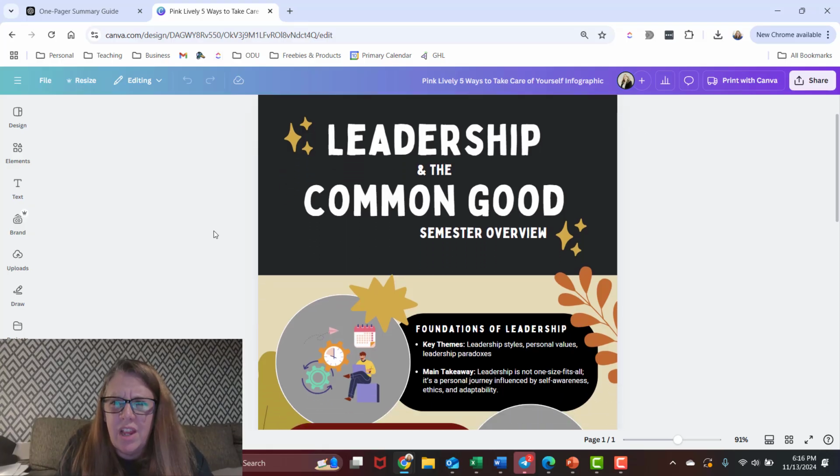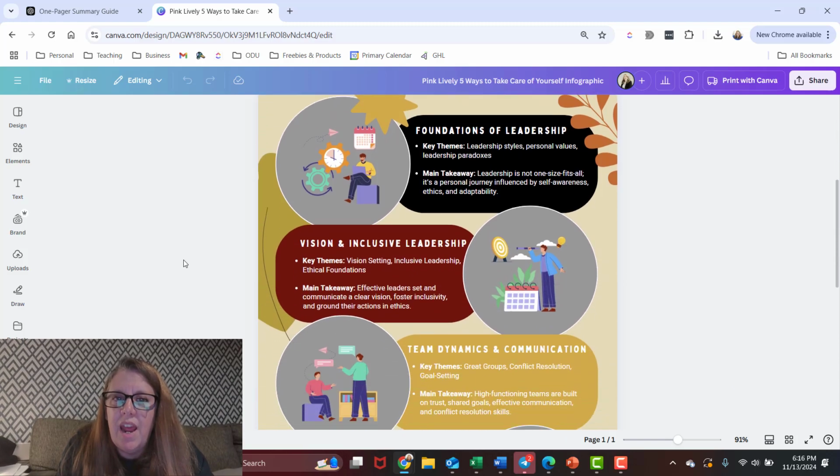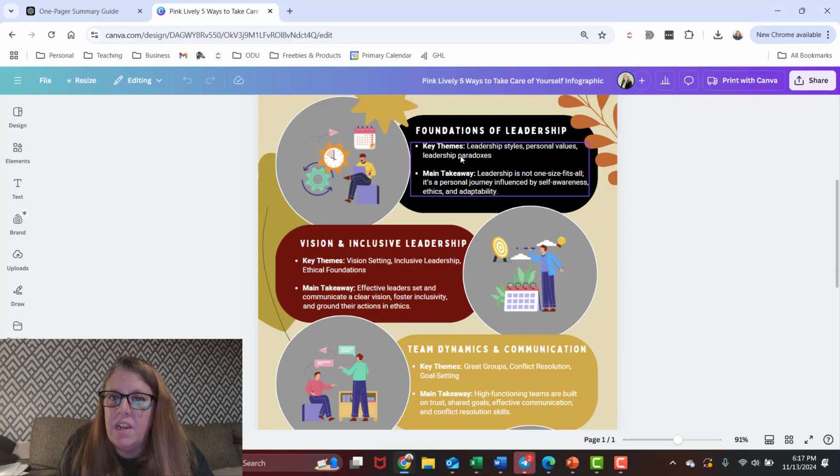So this was originally like an all pink thing. Put Leadership and the Common Good, the name of my course, semester overview. And I found these aligning images so I could use throughout it. And okay, for the weeks 1, 2, and 3, it was Foundations of Leadership. I put my key themes in here. The overview was a lot of information, so I left that piece out.